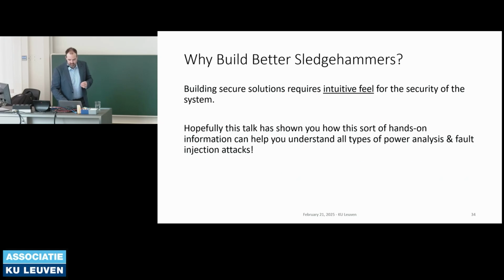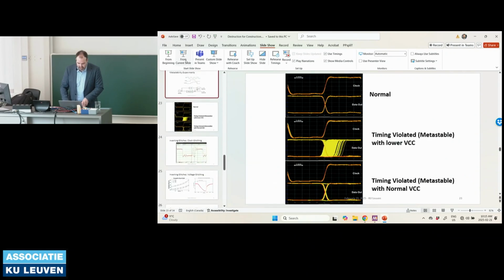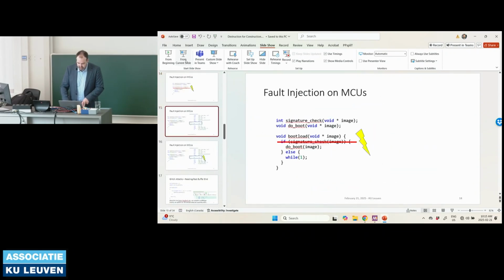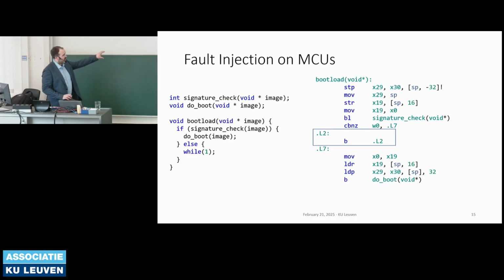Okay, so that's kind of what I wanted to talk about. Why build better sledgehammers? The point of this is that building secure solutions needs you to understand the attacks, and it's sort of this intuitive feel, right? And I go back to this again repeatedly, because the point is that if you knew fault injection could be an issue, and you saw this implementation of your code, you wrote the code on the left, you saw this code, you would almost immediately say, okay, this is very bad.